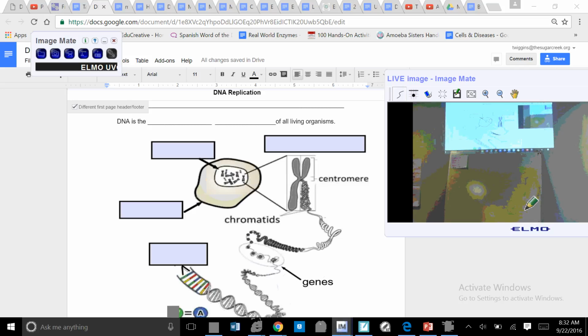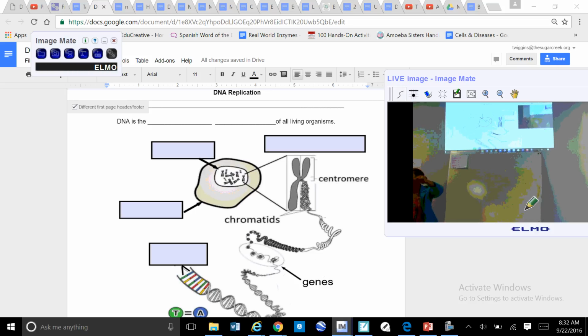That would be the railing. What else would make up the railing? Sugar. And then those steps that you climb on are going to be the what? The bases. And in order to complete your staircase, because you can't have one side of a ladder, that would not be safe, you have to have the other side.